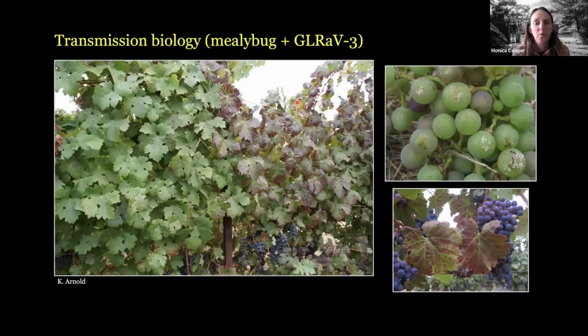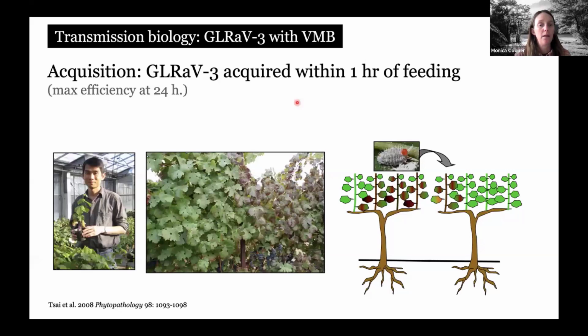Okay. So that's an introduction to the biology of the mealybug itself. But the reason why we're here today is to talk about how the mealybug moves leaf roll virus 3, right? So that's transmission biology. A mealybug nymph can acquire, within 1 hour of feeding on a vine that is infected with leaf roll 3, that virus.